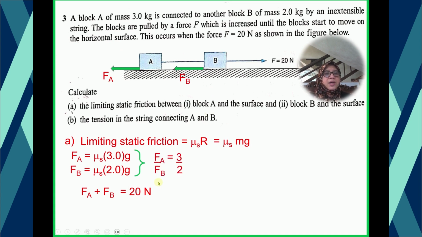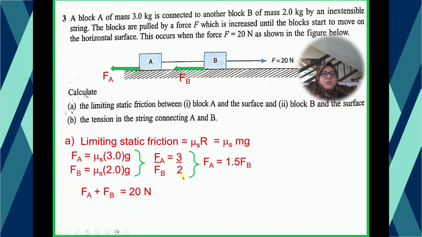Now we have three equations, so we use simultaneous equations to solve for Fa and Fb. For the first two equations we use a ratio, Fa over Fb, so mu S cancels out. Mu S is the same because we assume the blocks are the same type and on the same surface. G also cancels out.